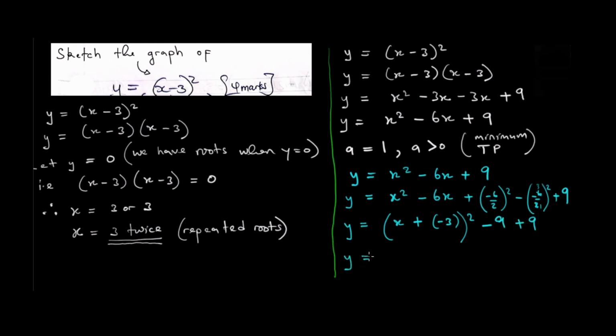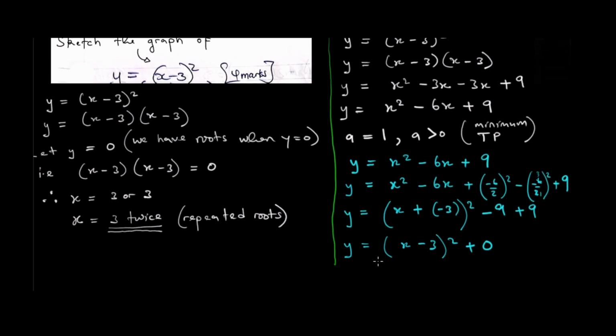So y is equal to x minus 3 squared, plus 0. Remember what we learned: to get the coordinate of x we take what is inside the bracket and set it equal to 0, so x is equal to 3, and for y we take what is outside, y is equal to 0. So the coordinates of our turning point are 3, 0, as we explained earlier.